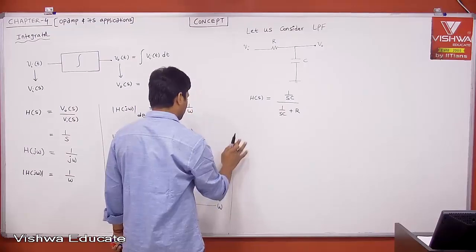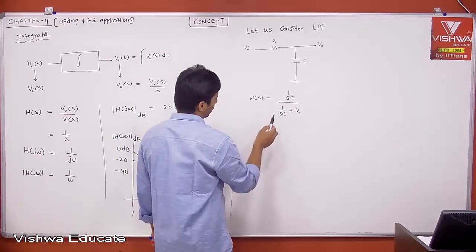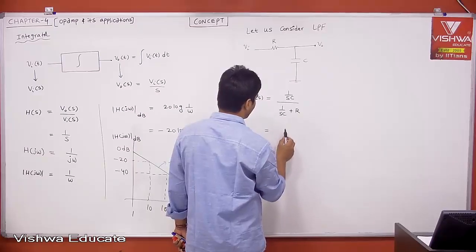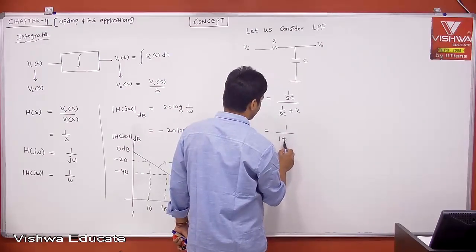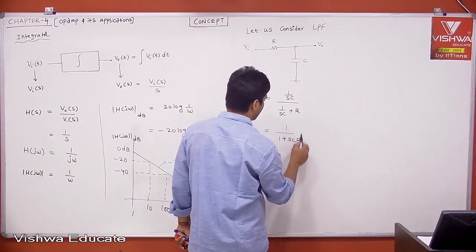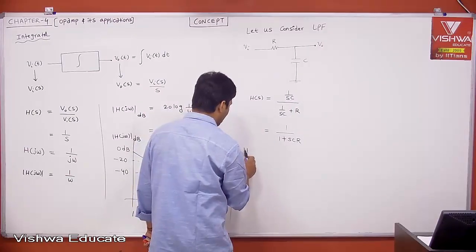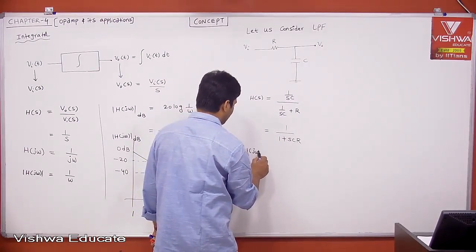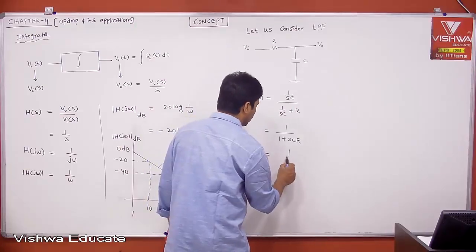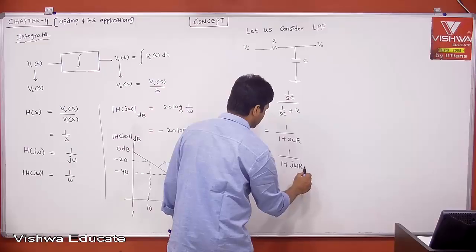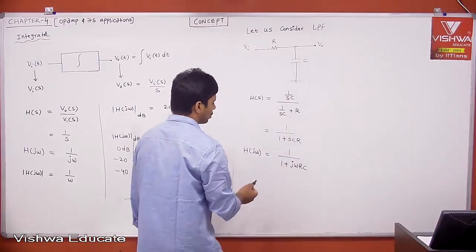Therefore, if I take SC as LCM, that will be cancelled, then you will get 1 by 1 plus SCR. Then if you substitute S is equal to J omega, H of J omega is equal to 1 by 1 plus J into omega into R into C. Therefore, what is omega?